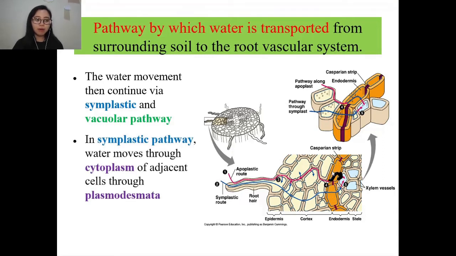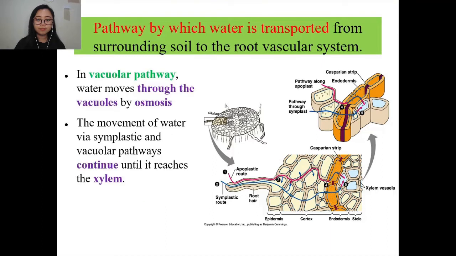In the symplastic pathway, water moves through cytoplasm of adjacent cells through plasmodesmata. So here I have this green arrow. I'll show you again, showing the symplastic pathway. In the vacuolar pathway, water moves through the vacuoles via osmosis. As you can see in this green diagram over here, it's going to pass through the vacuoles and the other membranes via osmosis.